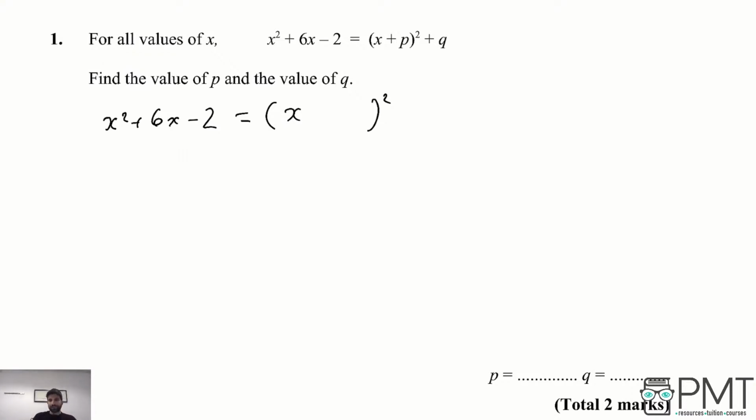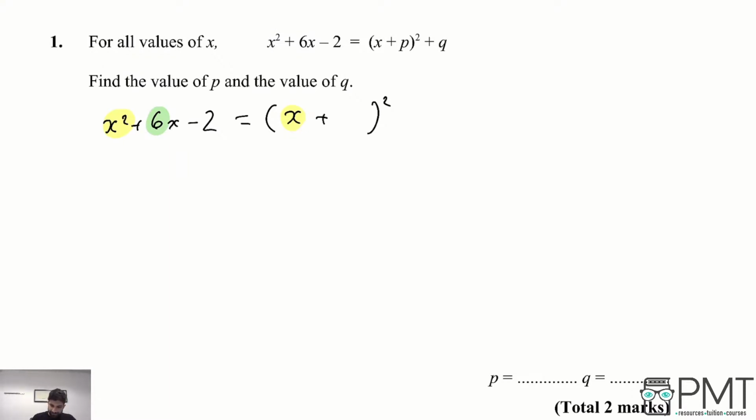So what would be the second term there? This x is coming from there, and then you need to remember, look at the coefficient of x. So that's going to be plus 3, which is half of 6. Yep, p is 3. Well done.